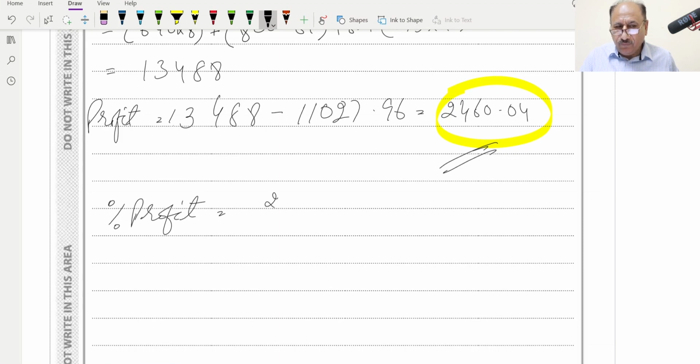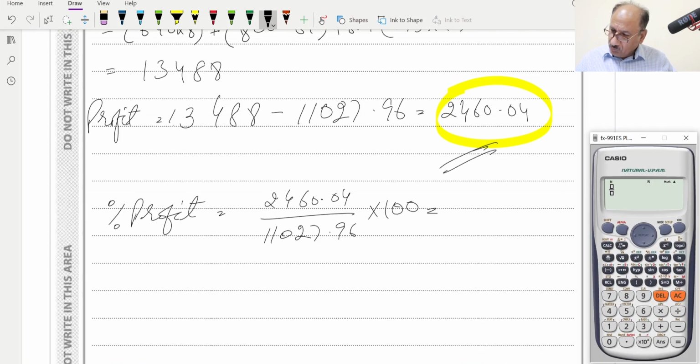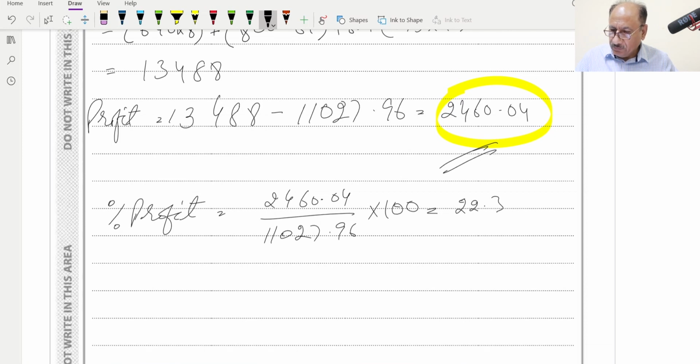Profit 2460.04 divided by the invested amount 11027.96, multiplied by 100 for percentage, which is equal to 22.30 or 31, so 22.3%.